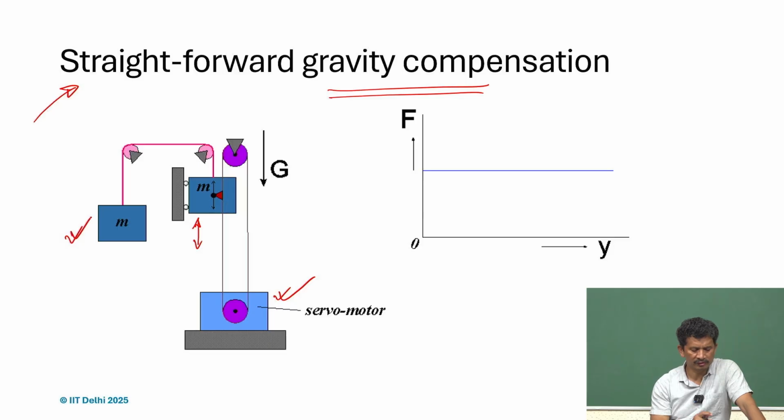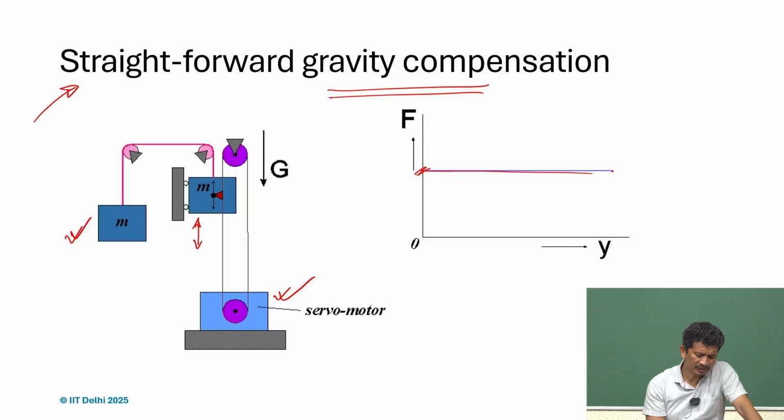So, what will happen if we just look at the quasi-static condition, we move it slowly, actually no effort required, right. So, more or less constant, whatever is the friction force required. So, it can move very freely and can stay at one location at any point. So, it's a very good gravity compensation method, same weight.